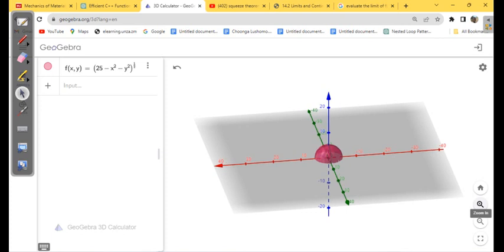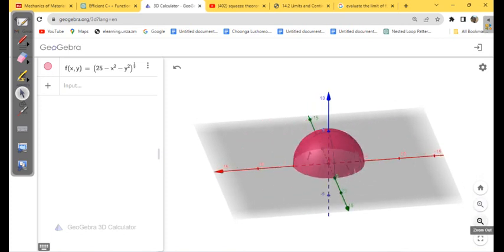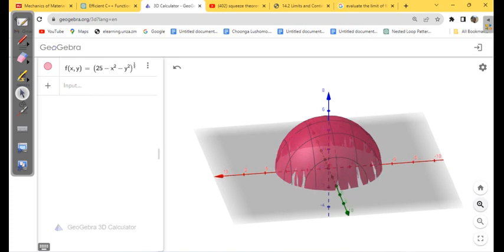Okay, well, this was very small, but we can make it bigger. So now this is what we have.